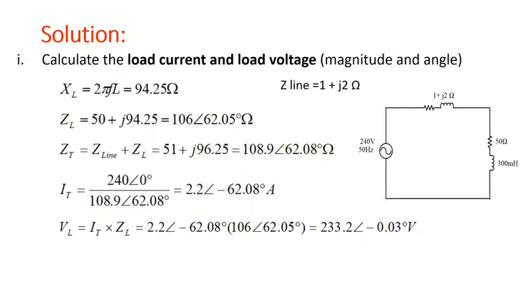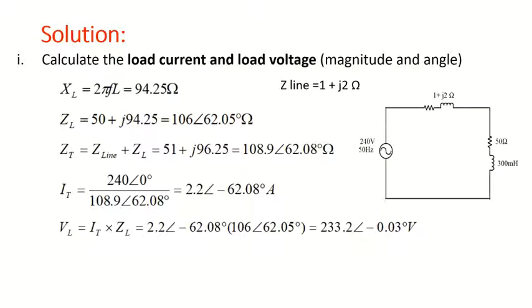So for the Z load, the question gives the resistance as 50 ohms, so the impedance becomes R plus XL, which is 50 plus j94.25. Remember that the inductor, as given in the circuit, is in henry.